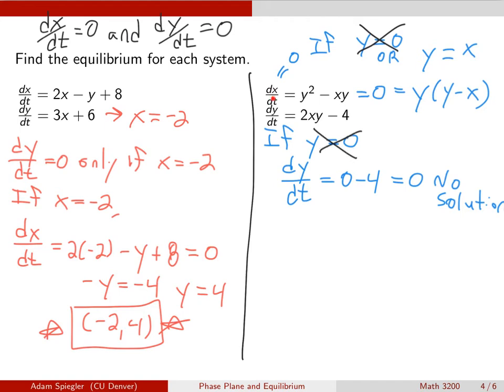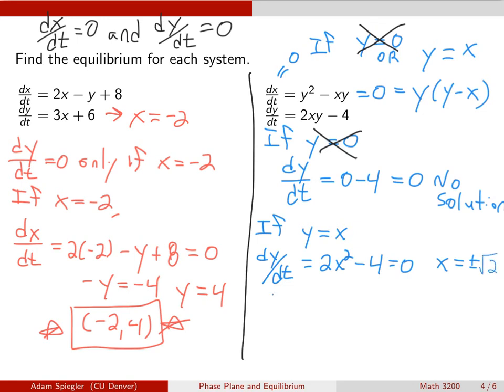So then let's take a look at the other condition, with the equation 2xy minus 4. If we have y is equal to x, then that equation for dy/dt becomes 2x squared, replacing y with x, minus 4 is equal to 0. Solving that quadratic equation, we get two solutions, that x is plus or minus the square root of 2.